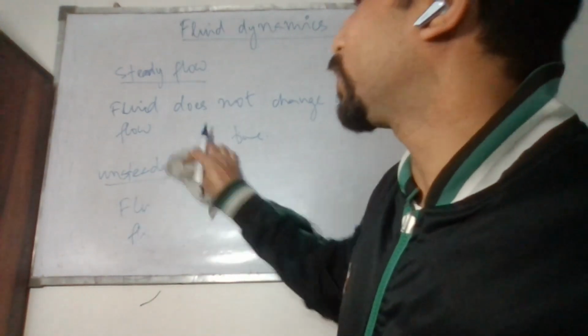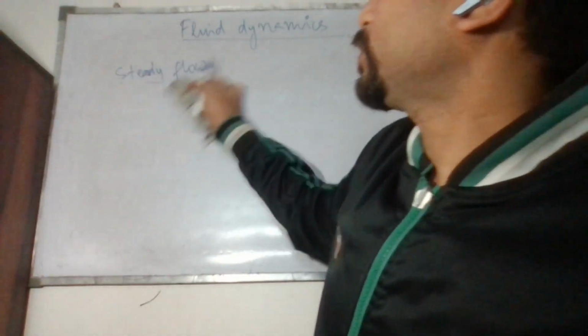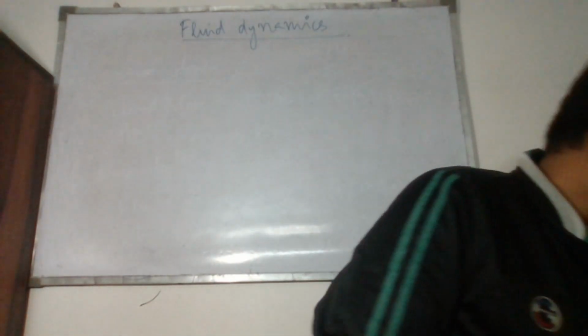If we want to take an example of unsteady flow, mostly in the morning when we wake up, one of the first activities which we do is brushing our teeth.